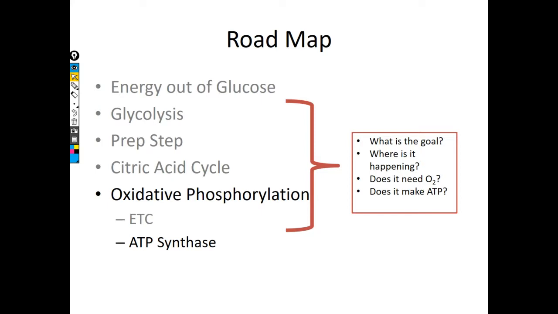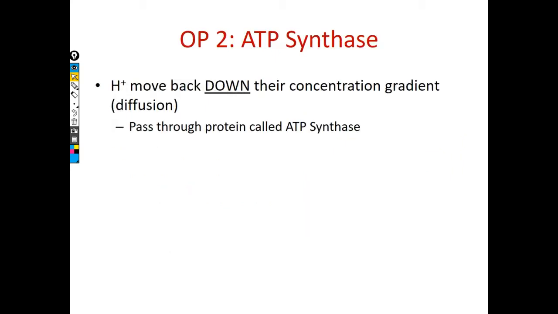The second stage of that, ATP synthase, also called chemiosmosis, is where all the work comes in. I call it ATP synthase. It's also referred to as chemiosmosis. Osmosis, there we go.